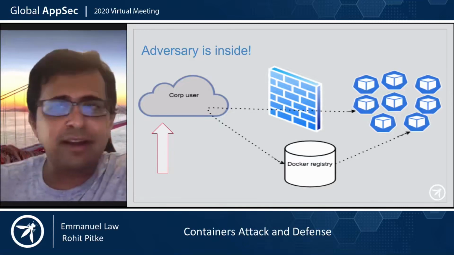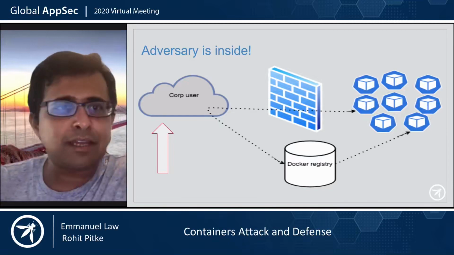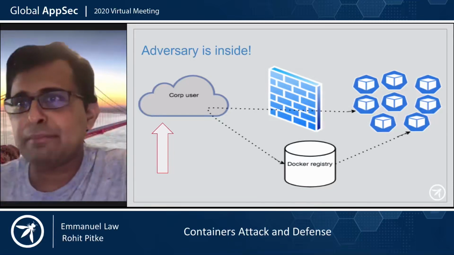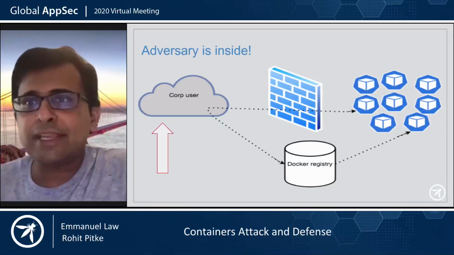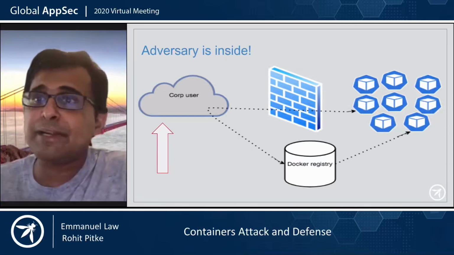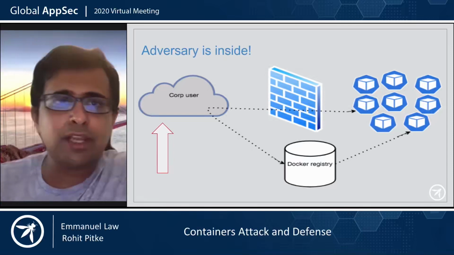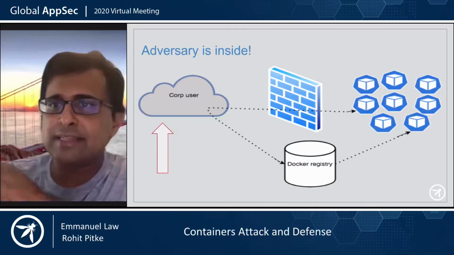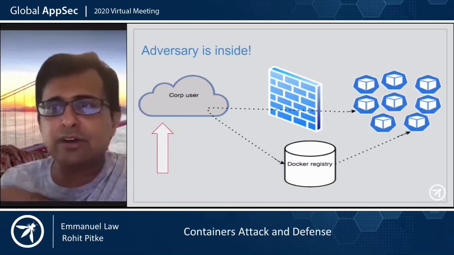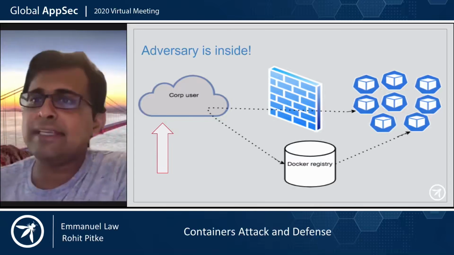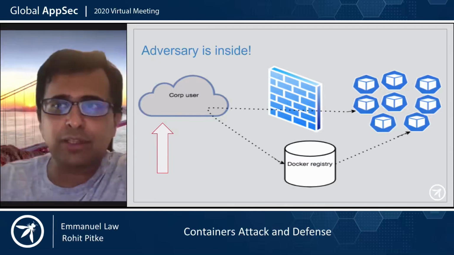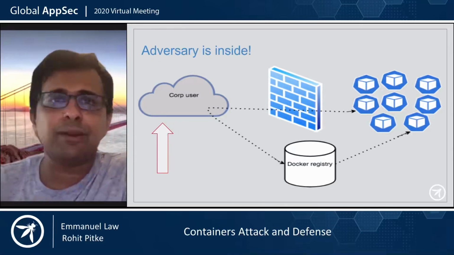So let's assume a typical organization setup where you have the corp environment. And to add more complications, let's consider it to be a segmented environment, not a flat network. So now you have the corp environment, there is a firewall, and then the organization is using, let's say, a Kubernetes-based production environment to the right side, and there is a firewall in between.